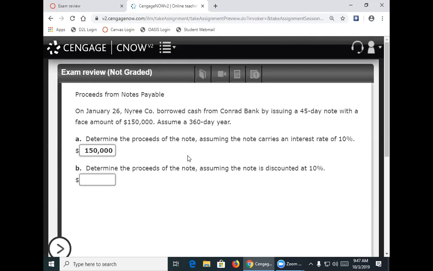So you calculated the discount amount, basically by calculating your normal interest: principal times rate times time. So we got a discount amount of 1,875?